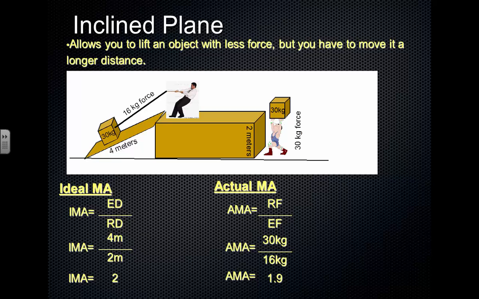If you think about it this way, if I have this inclined plane and I use it, I can calculate its actual mechanical advantage by measuring. I can calculate its ideal by seeing how much force I'm applying. What if I then do this? Have I changed its ideal mechanical advantage?